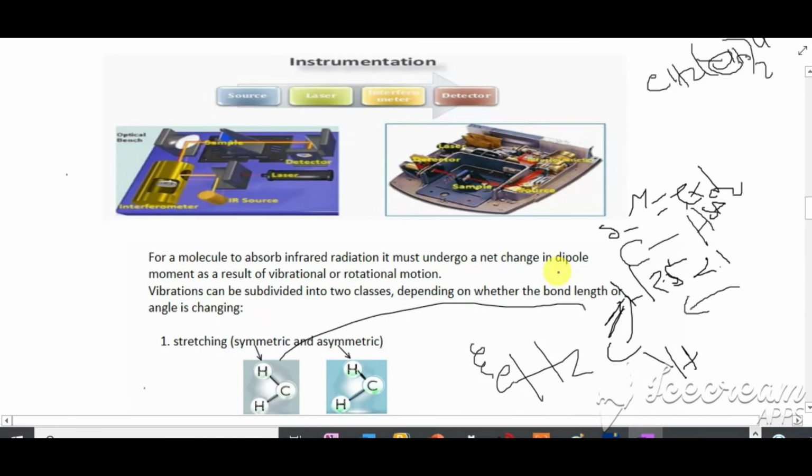These vibration modes can be expressed by an equation: 3N minus 5 for a linear molecule, and 3N minus 6 for a non-linear molecule, where you have a lot of side groups.